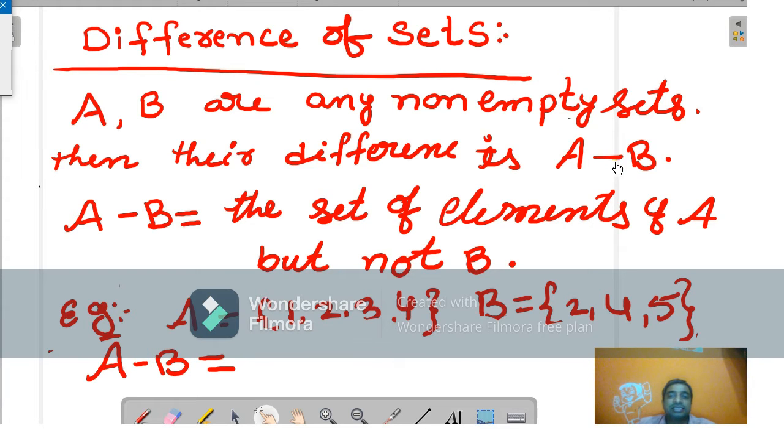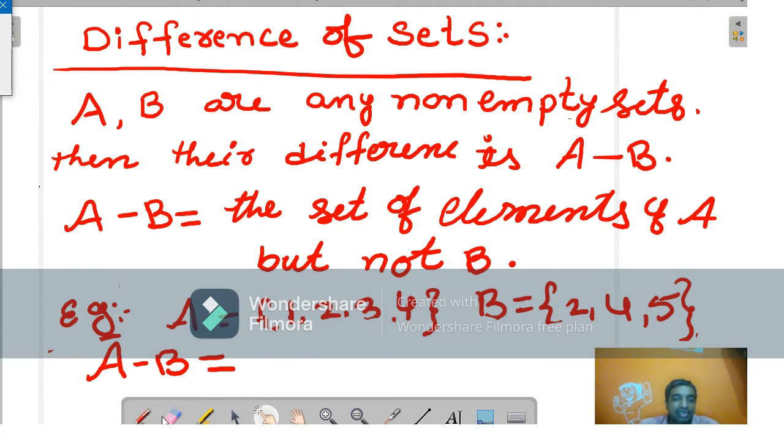Let us see in the next example. A minus B means the set of elements of A but not B. We need to remove all B elements which also belong to A. The resulting set A minus B will be purely A only.